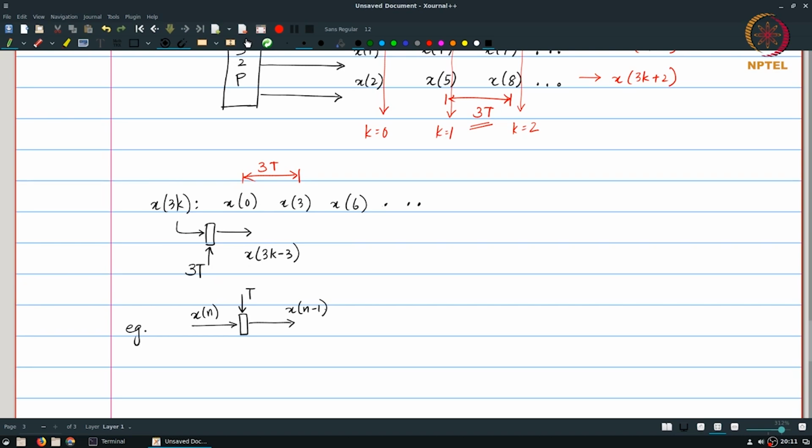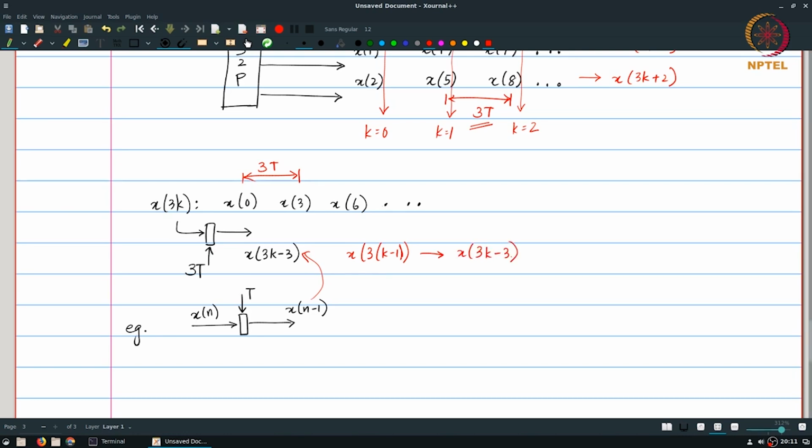In other words, it corresponds to the previous sample. What we are saying is that by analogy, we get the same behavior here. We can think of it as x of 3 into k minus 1, which is x of 3k minus 3.